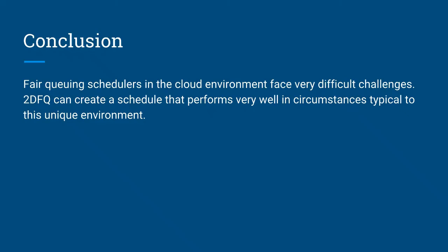So 2DFQ is much better in that, and it can actually compete with the large requests as well, which is why the authors prefer 2DFQ over WFQ and WF square Q. So this is about it.